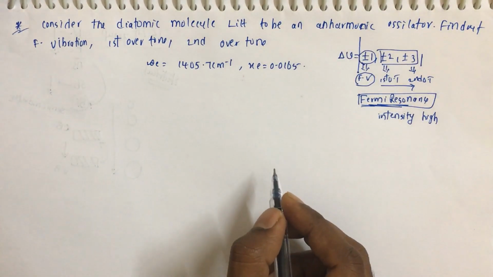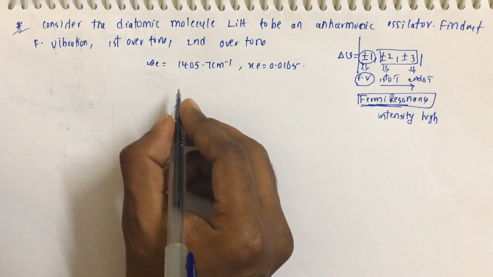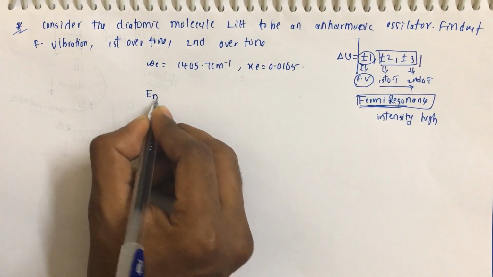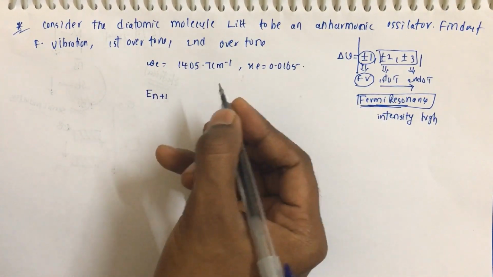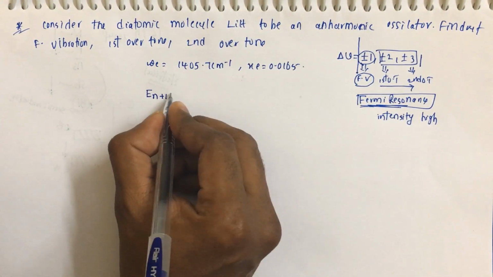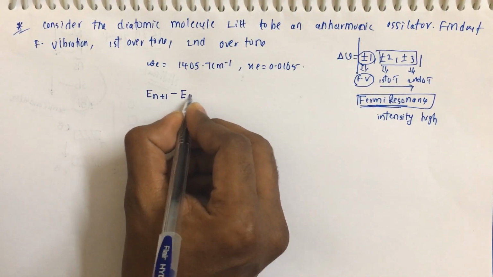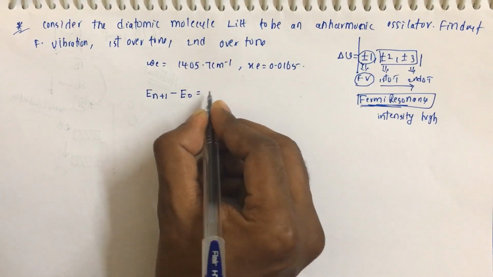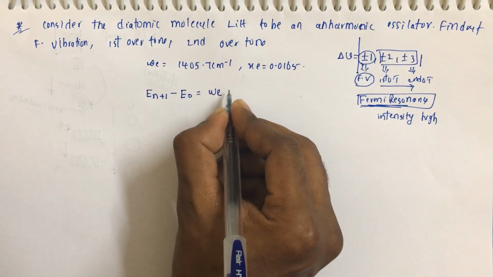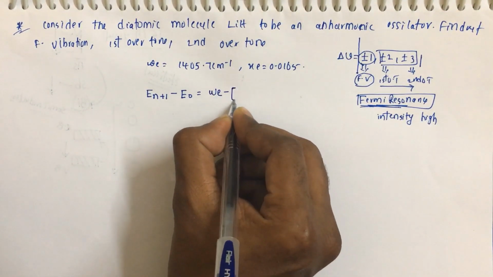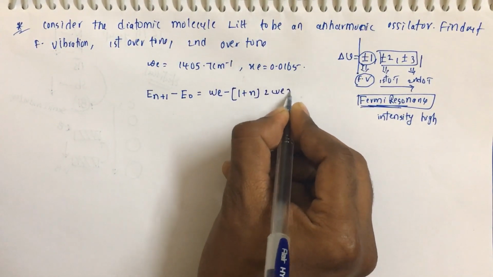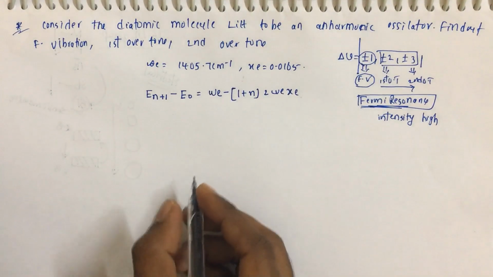I am not going into how it comes, I am not explaining that. You just remember this one: E(n+1) minus E(n) equals We minus (1 plus n) times 2 We Xe.